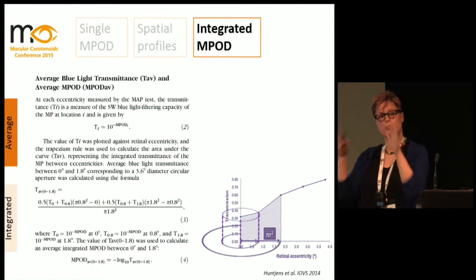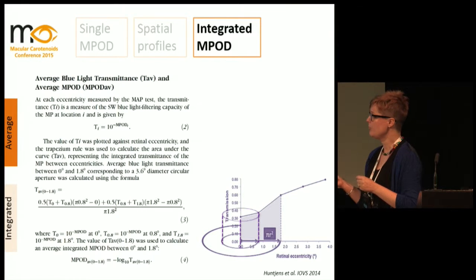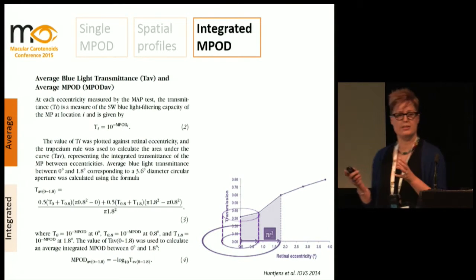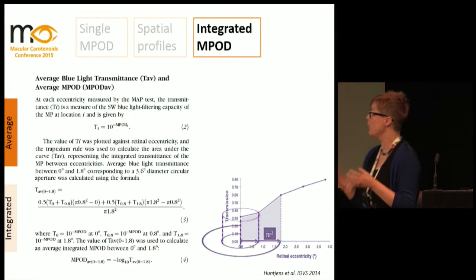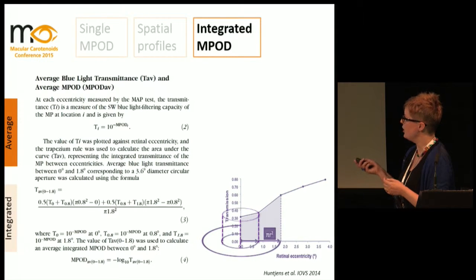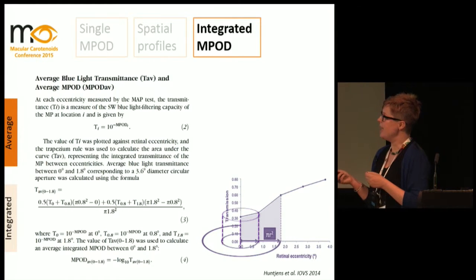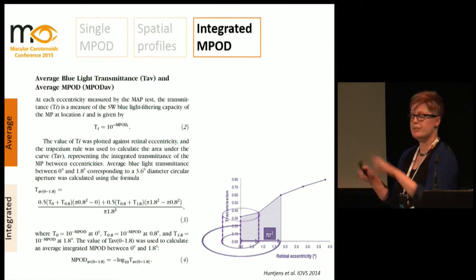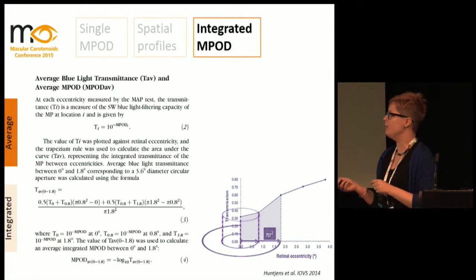Then the average of the blue light transmittance, TF, which is a three-dimensional area-weighted representation of the transmittance over a certain area, is then calculated by calculating the volume of the transmittance over an aperture, assuming that this is 360 degrees around or the same, and by dividing that by the area of the aperture. And then what you get is an average transmittance, which you can then convert back to macular pigment average by taking the inverse log.